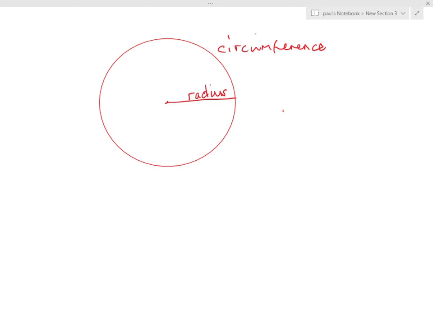And the line that goes through the middle all the way is called the diameter. And to work out the circumference of a circle, you need to be given either the radius or the diameter. The diameter is twice as big as the radius.